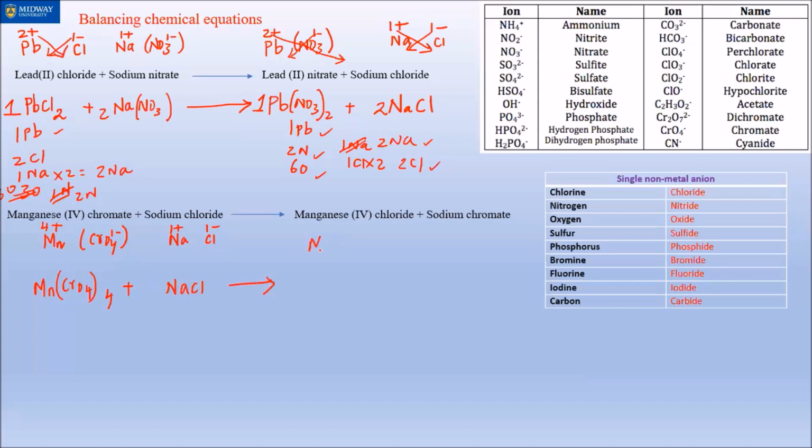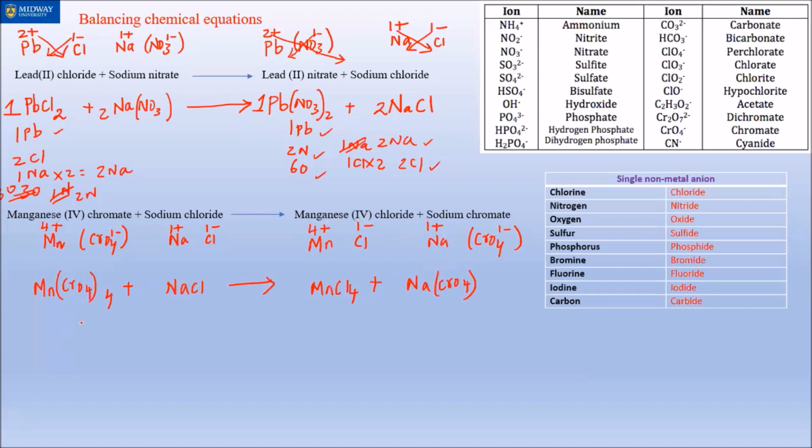Going to manganese is again 4 and it's a metal, plus Cl is 1 minus, so it's MnCl4, plus sodium is 1 plus and chromate is CrO4 1 minus, so it's NaCrO4.